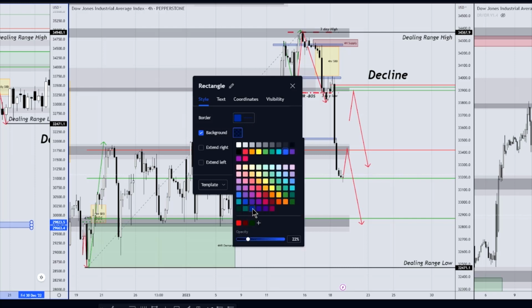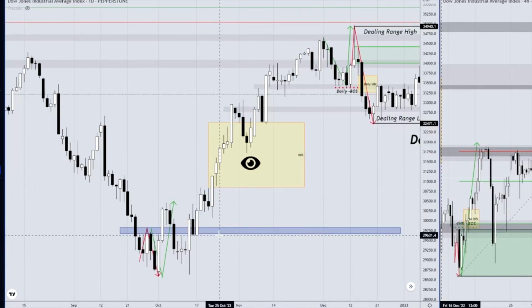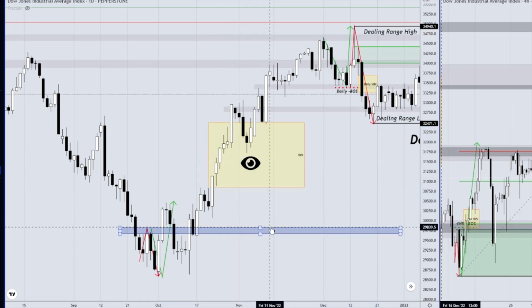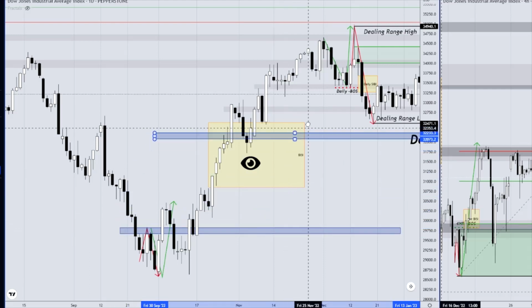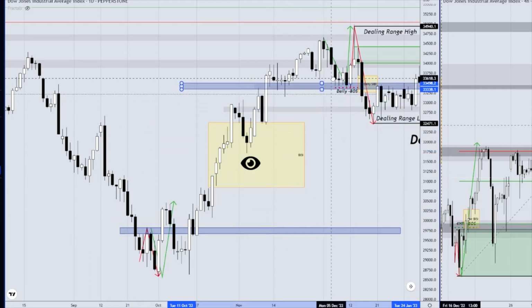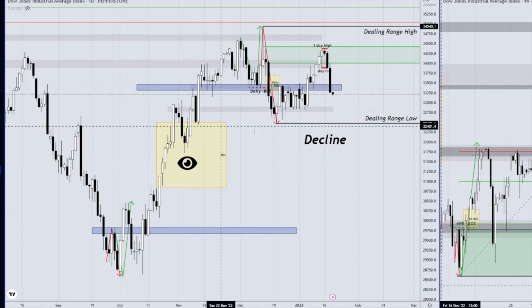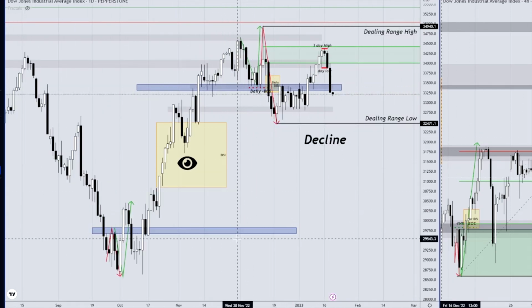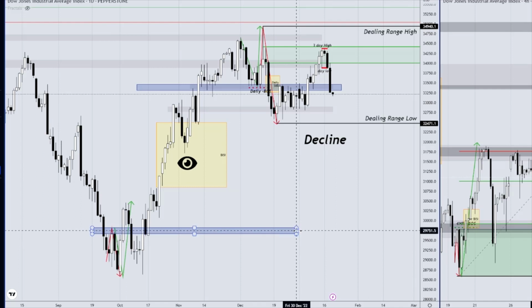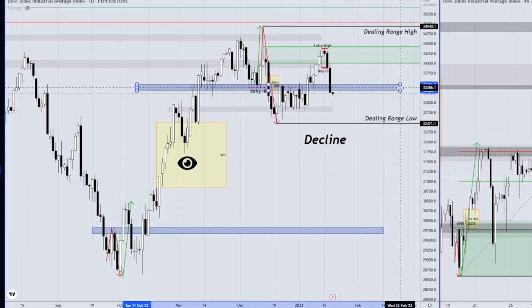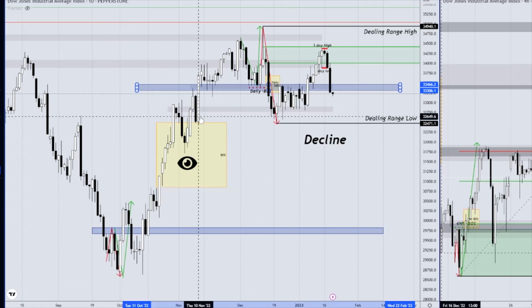I'll do the same thing with dark blue. All this area inside here now, this is internal range liquidity, so it's fair game really, as far as I see.